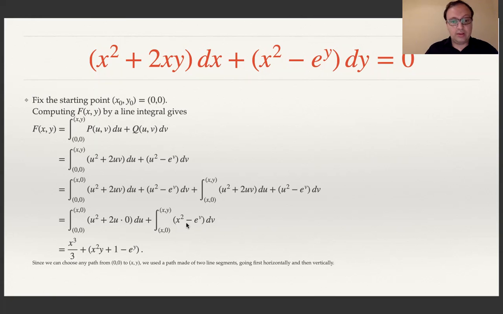And then the integral of minus e to the v is, again, minus e to the v, evaluated between 0 and y. So this is 1 minus e to the y, where 1 is e to the 0.